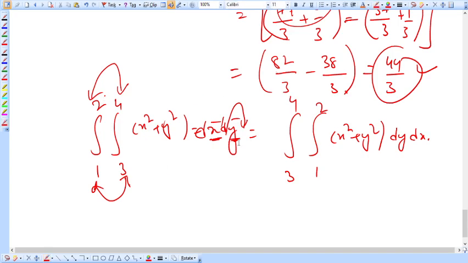So we are going to do one small problem on double integration. Okay, one more small problem.